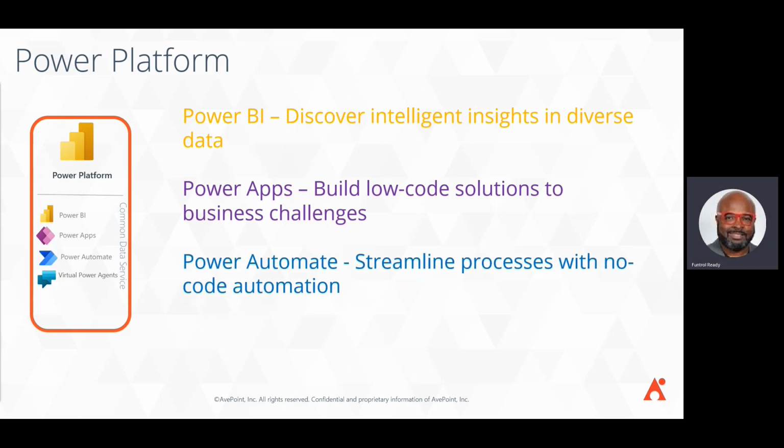Power Automate allows us to increase productivity. Think of manual tasks, the steps that are involved, taking that process and automating it using Power Automate to get things done faster by giving everyone the ability to automate those organizational processes.